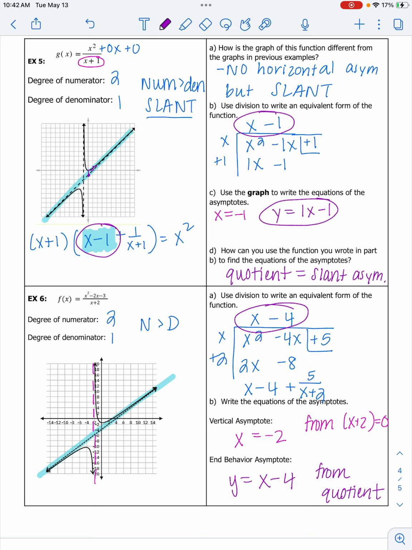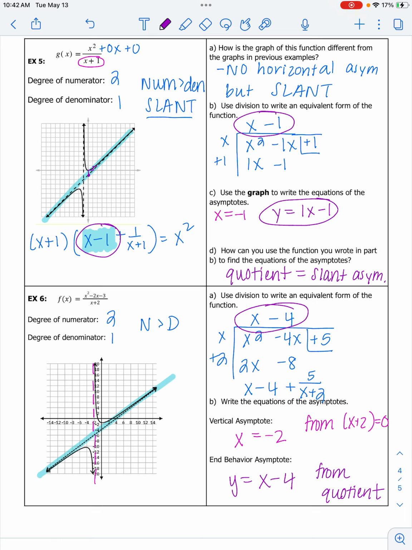Okay, welcome back. Hopefully you were able to divide this out and notice that when you divide x squared minus 2x minus 3 by x plus 2, you end up with the quotient of x minus 4 and a remainder of 5. And so anytime your quotient ends up being this linear piece, that is going to be the equation from our slant asymptote or end behavior asymptote.